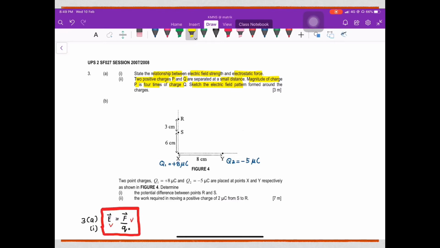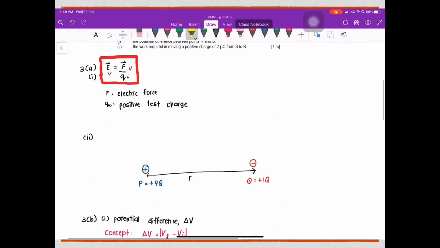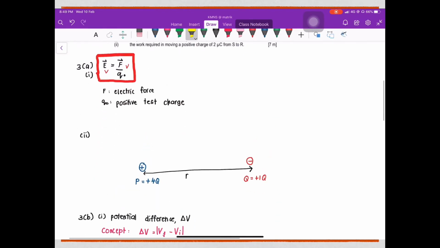So refer to the diagram here. Consider the magnitude P greater than Q. So now what happened? Sorry, here should be positive. Okay. Here should be positive.